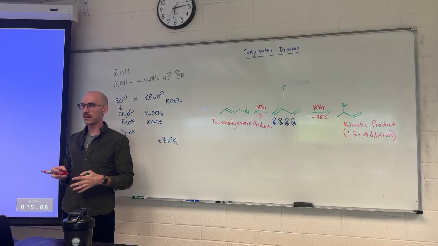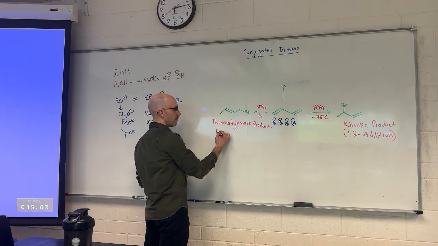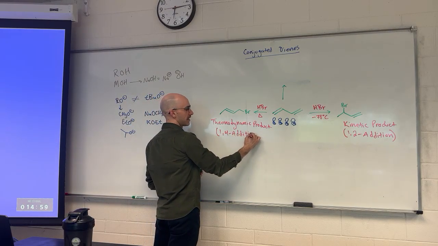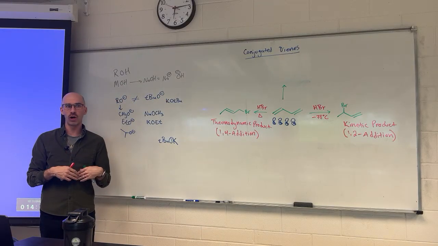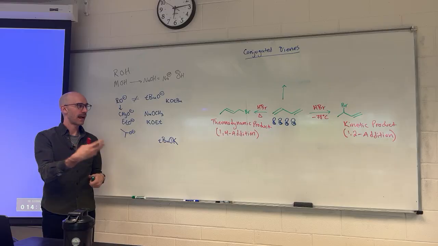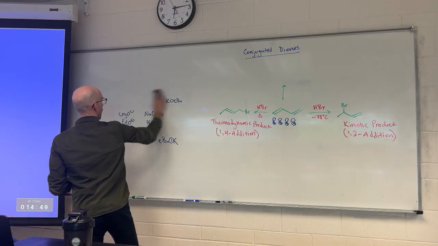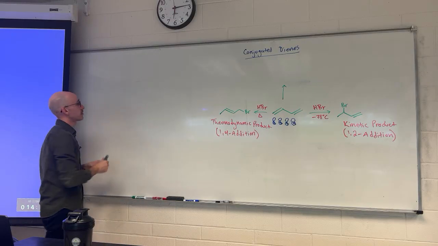And I'll be honest, that doesn't always make sense with what the structure is. But we can also refer to this as the 1,4 addition product because I add a hydrogen to atom 1 and the halogen to atom 4. Now I want to take a look at the mechanism for this, just briefly.